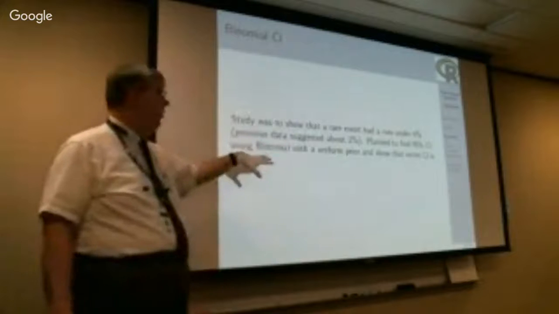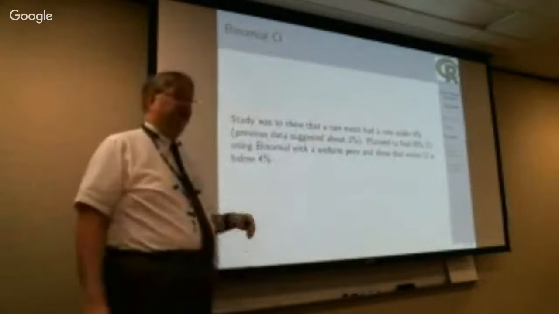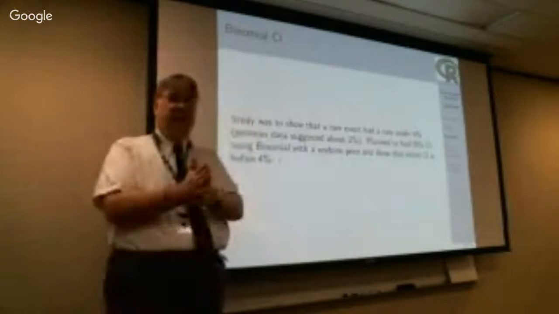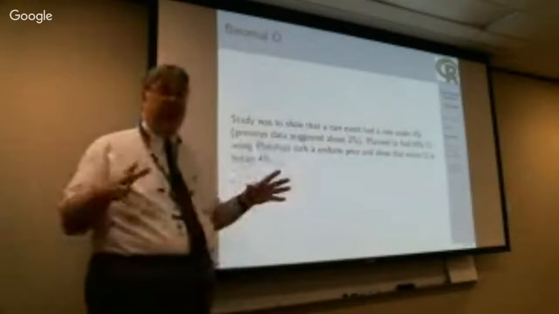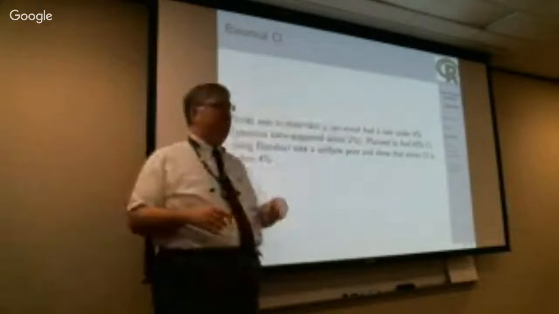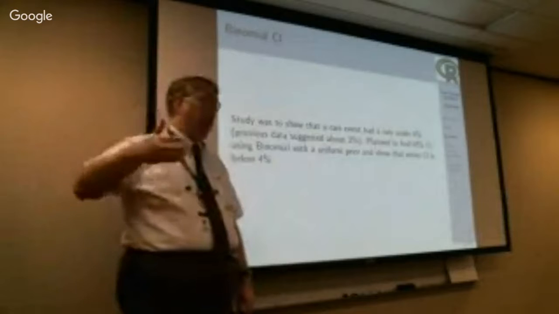Okay. This was a real case where essentially we're measuring a rare event. So it's a proportion, but we're going to have mostly zeros. We're not going to see this very often. So the normal approximation to the binomial is not going to work, and those pre-existing tools don't work. Essentially, there was some national standard that says this number needs to be below 4%.